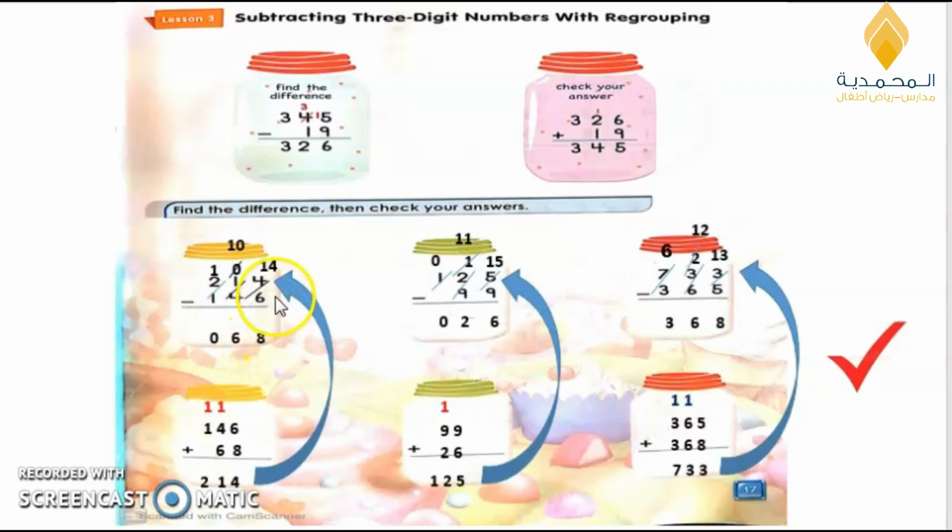Excellent. Then move to the tens place. 0 minus 4, we cannot do it because we cannot take away 4 from 0. Then we will move to the next digit and take 1 from the 2. 2 will become 1 because 2 minus 1 is 1. And the 0 becomes 10, because we put 1 beside the 0, it will become 10.